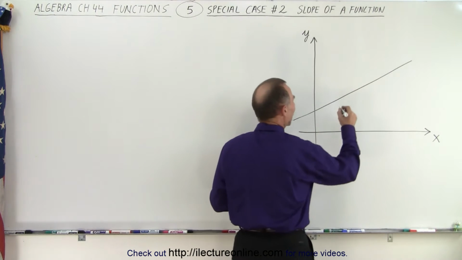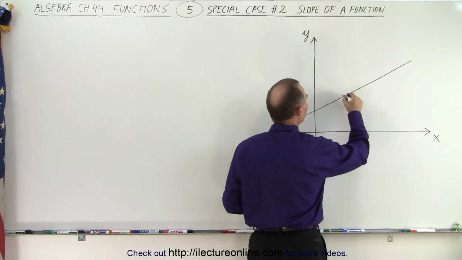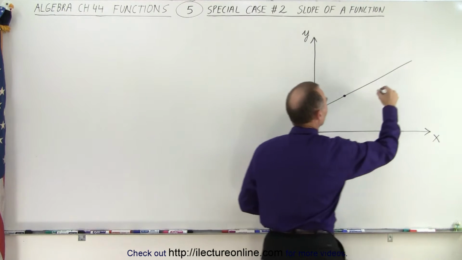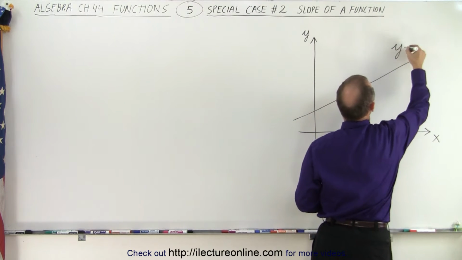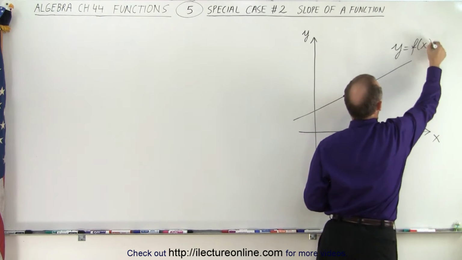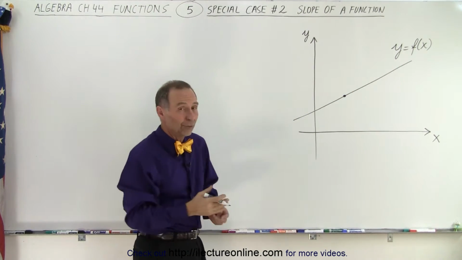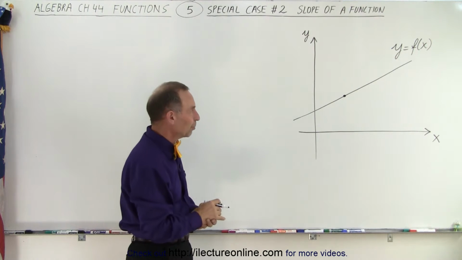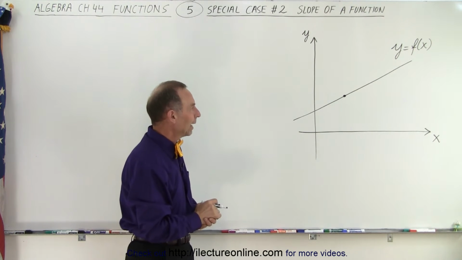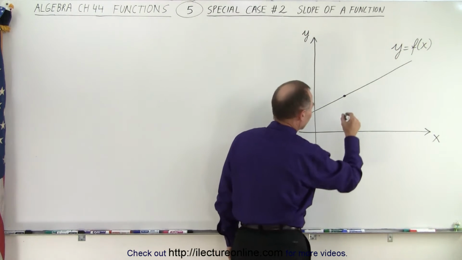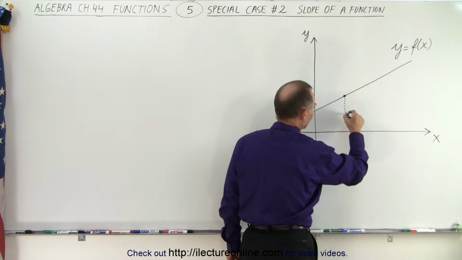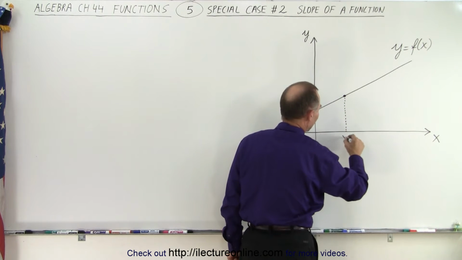First we pick any random point on this curve right here. So here we have y equals f of x, simply a function of x. Everybody can see that's a straight line, so it's in the form y equals mx plus b, but we don't care. Here we can say the x value of that point is equal to x1.